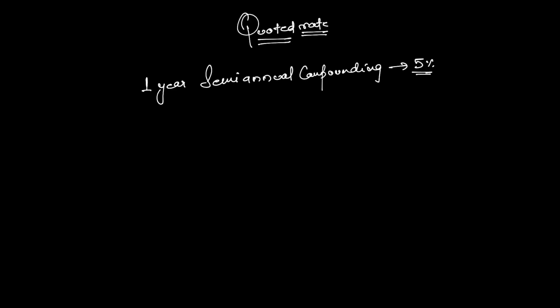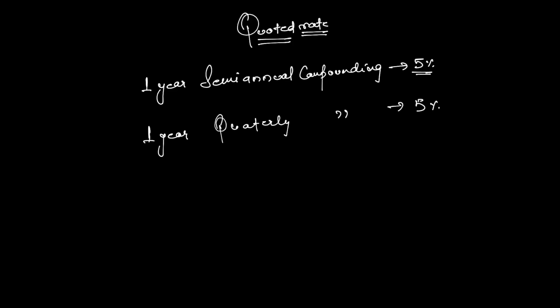The answer is no. Now if it is given that the 1 year or annual quarterly compounding rate is 5%, does it mean that you will earn 5% in 1 year? No, that's not the effective rate. That is just a quoted rate.